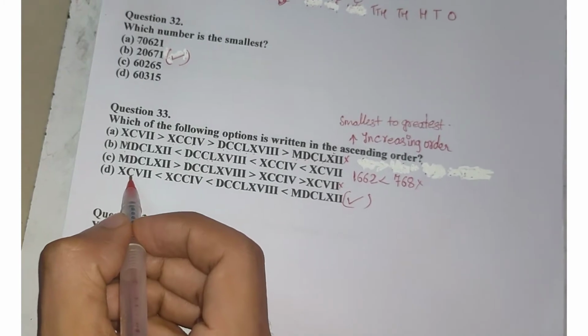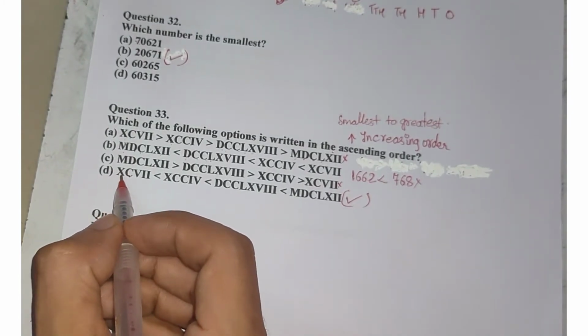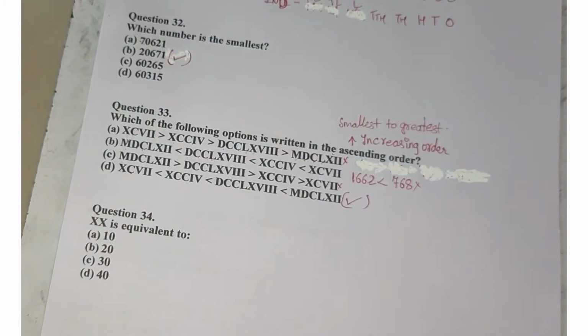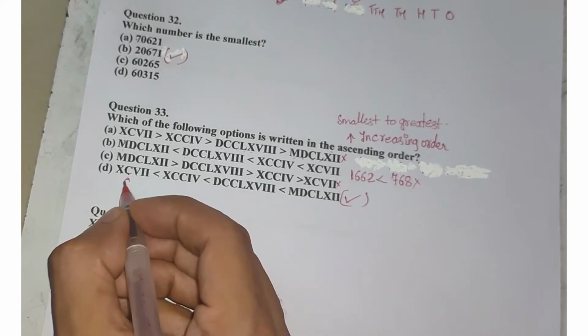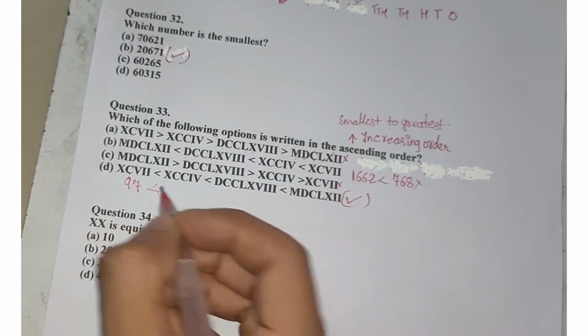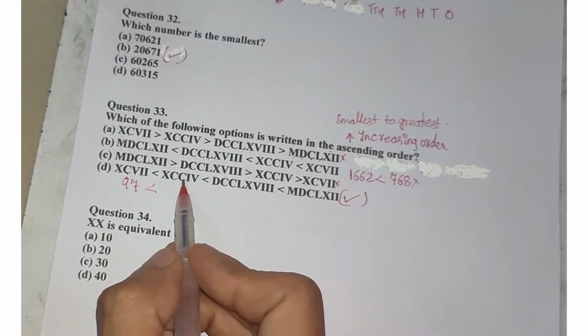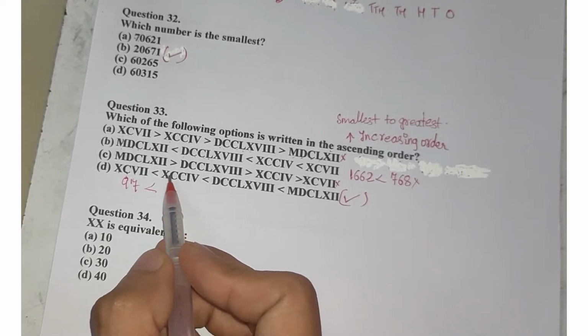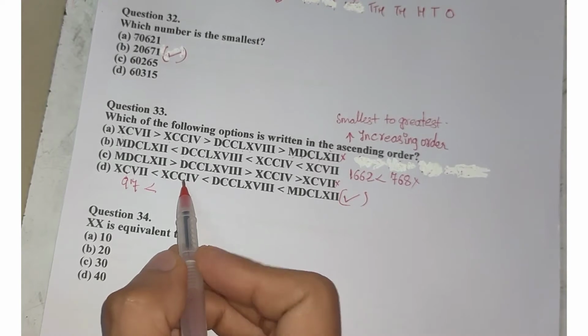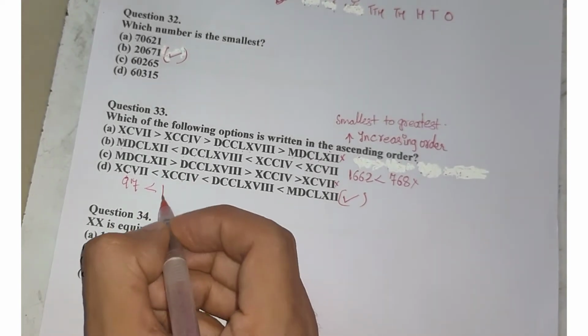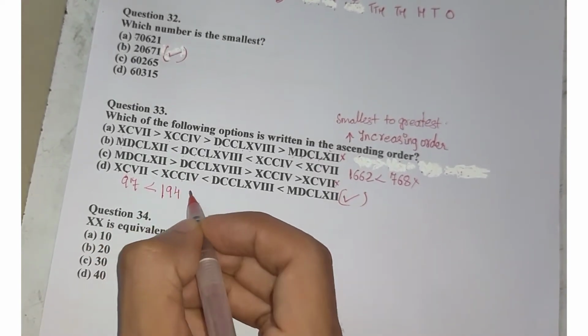Now, C is for 100, and X is on the left of the C. It means 100 minus 10, so it gives 90, and this is for the 7, so it is 97. Then 100 minus 10 is 90, 90 plus 100 is 190, and it becomes 194.